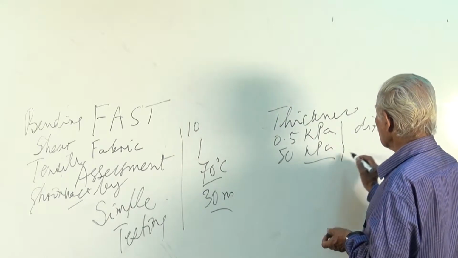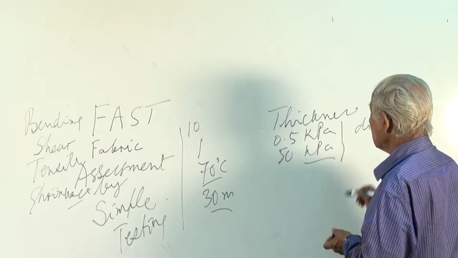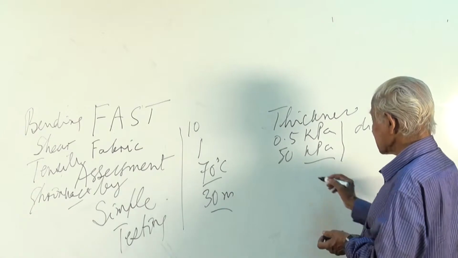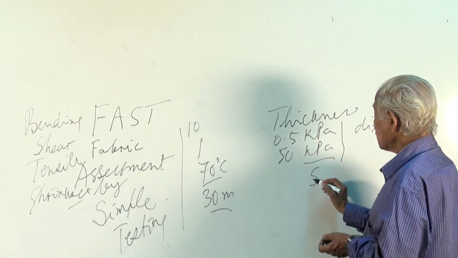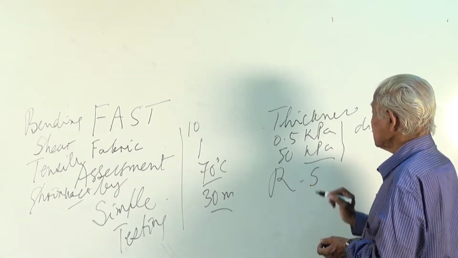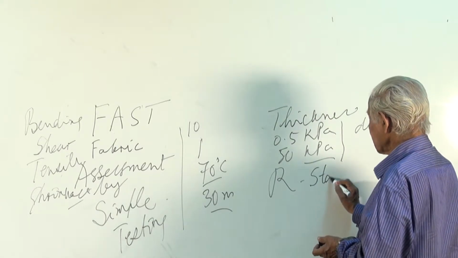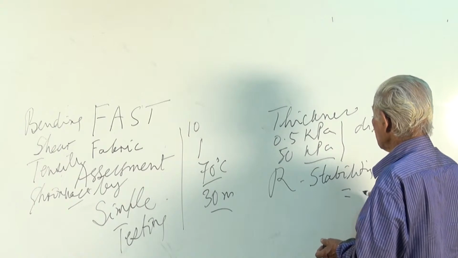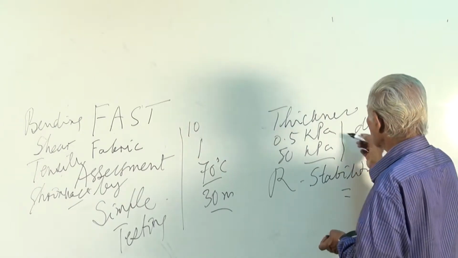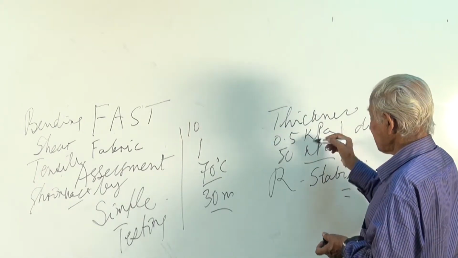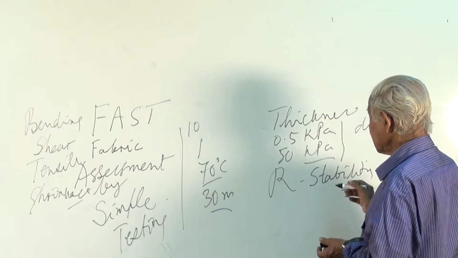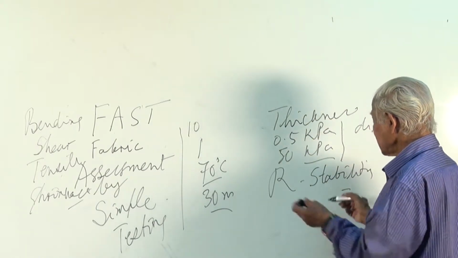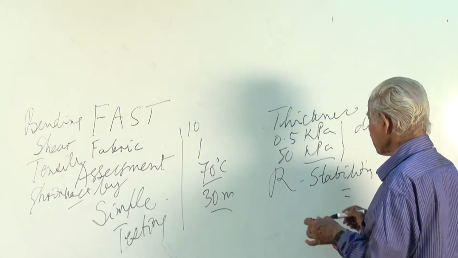But after one wash, if this parameter, that is the thickness parameter, is measured, it gives what is called the retained stability of the finish. If there is a big change in the thickness at these two pressures for a fabric before and after washing, then the stability of the finish to washing is poorer.